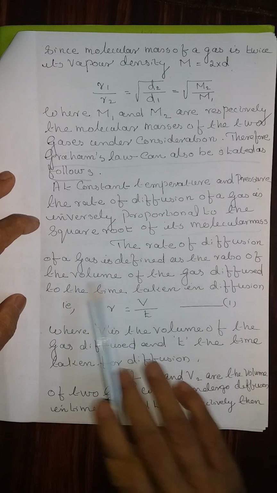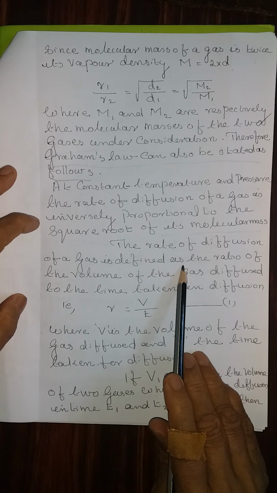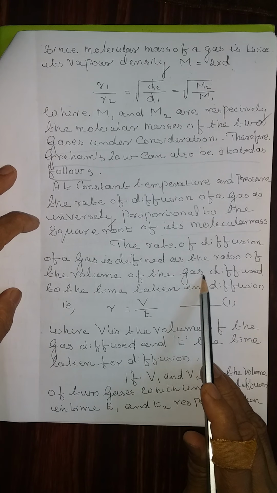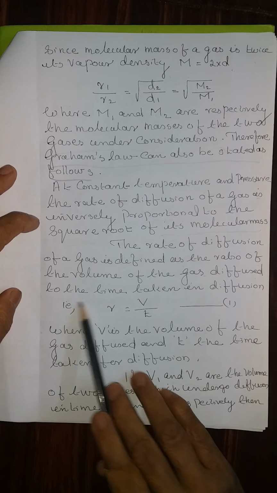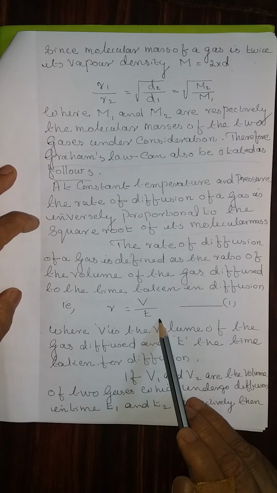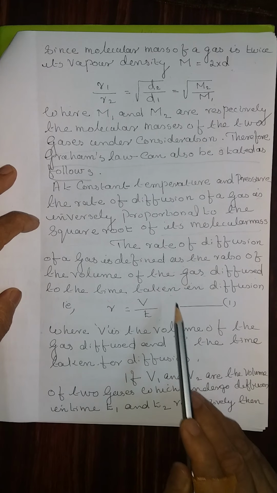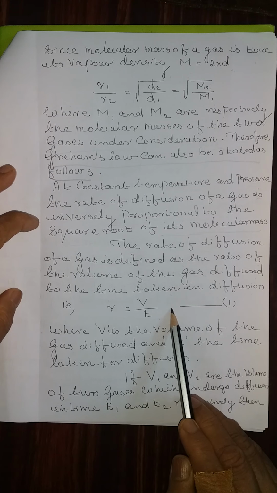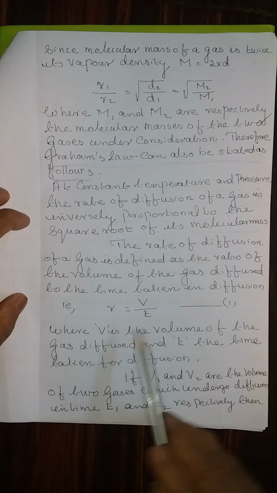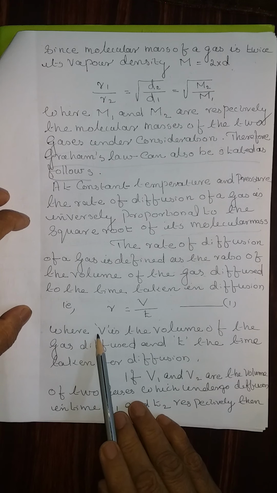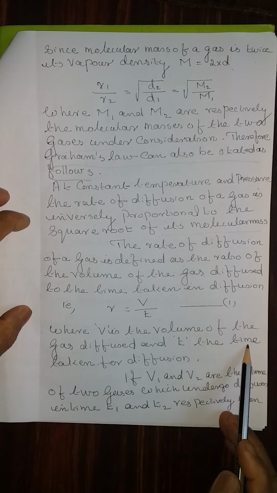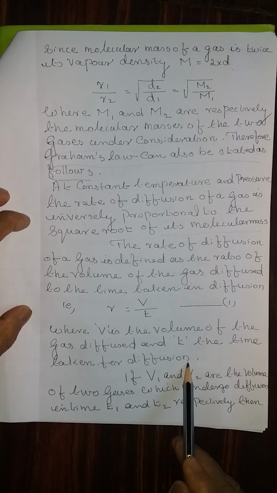The rate of diffusion of a gas can be defined as the ratio of the volume of the gas diffused to the time taken in diffusion. Using this definition also we can derive another equation which is very helpful to determine the rate of diffusion, where V is the volume of the gas diffused and T is the time taken for diffusion.